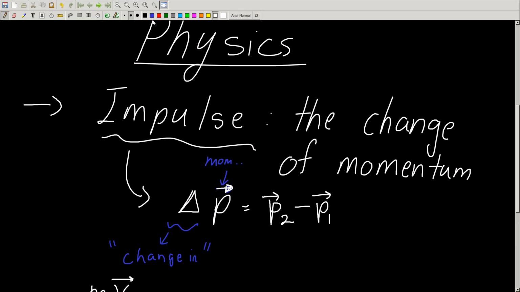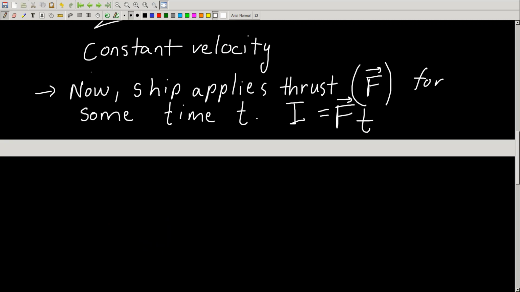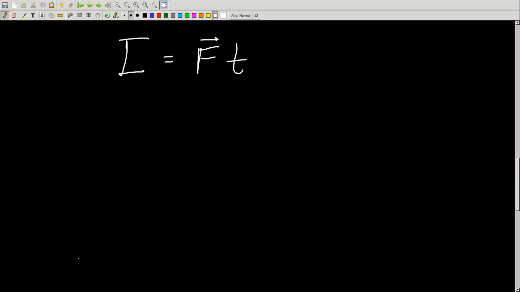Okay, watch this. Let's go on to the next page. So if I equals Ft, where t is time, F is force, and what we learned in the second law video was that F equals ma. Since that's true, then I is just mat.